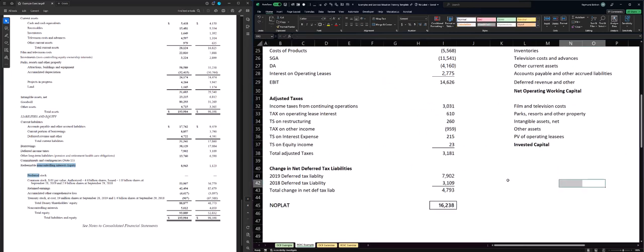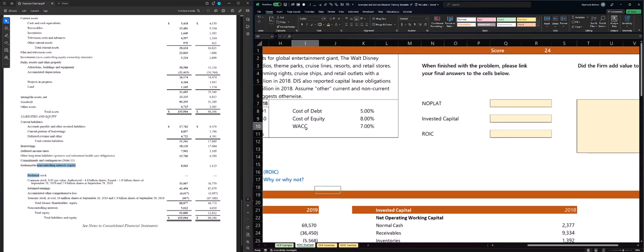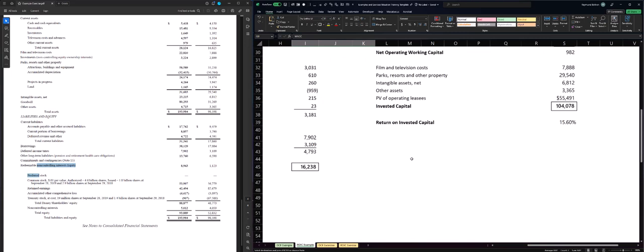So now we can calculate our ROIC, return on invested capital. Remember that the formula is what you earned this year divided by what you started with. So NOPLAT divided by invested capital. And 15.6%. Well, what is our WACC? 7%, right?